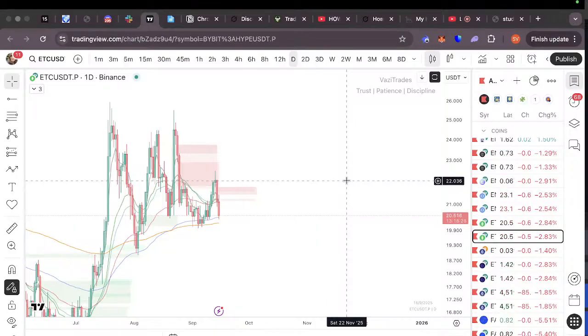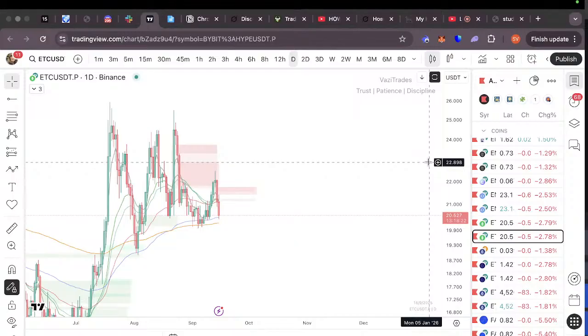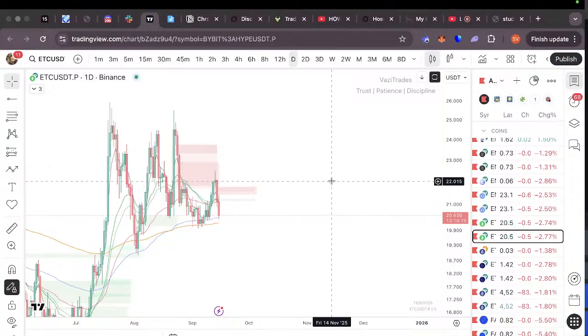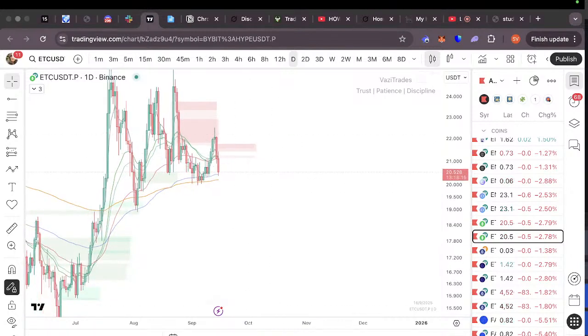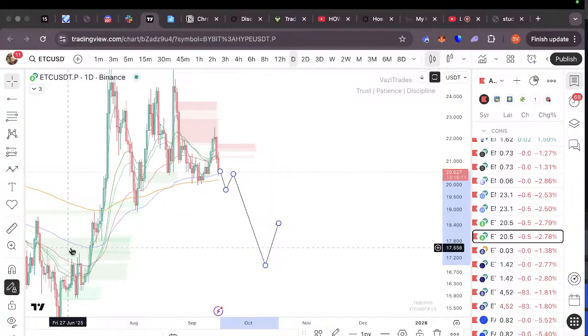So today is very important to see the strength, to see a recovery. If the US market opens, it's really important to see the strength of buyers. Otherwise, we can expect a breakdown in the coming days and a deeper correction.